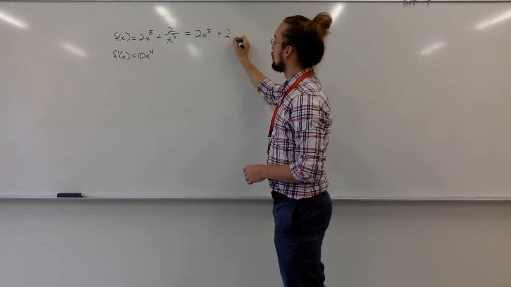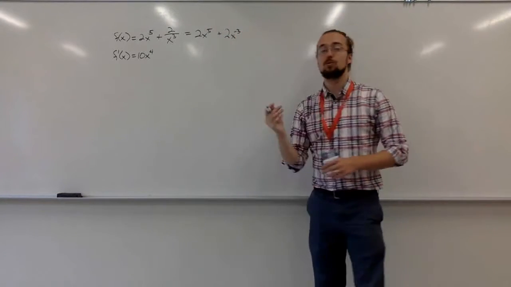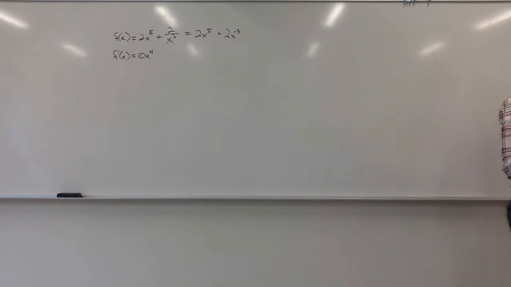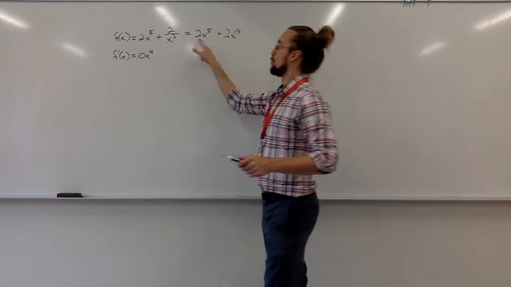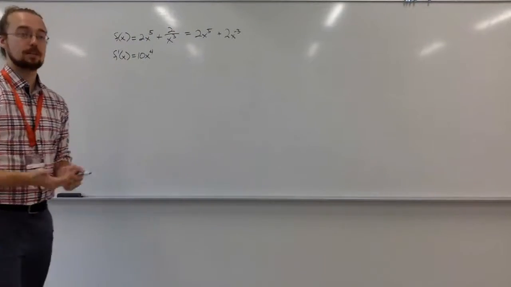So 2 over x cubed is the same as 2 times x to the negative 3rd power.